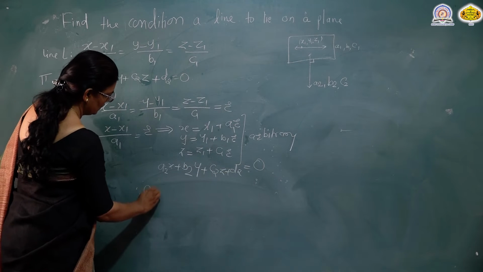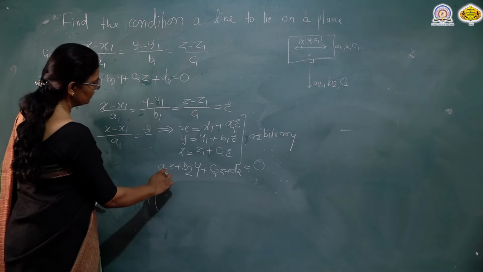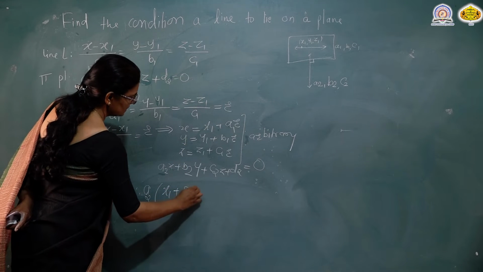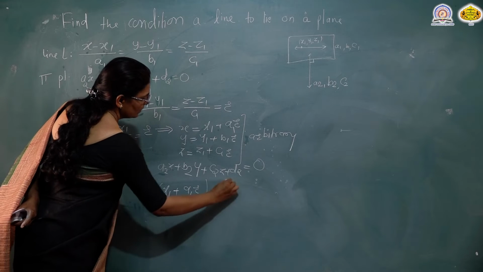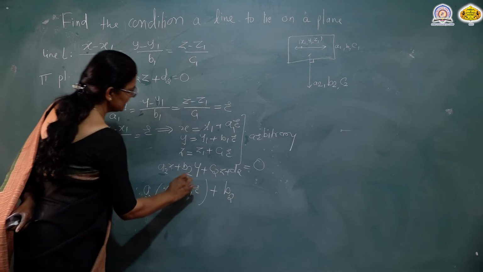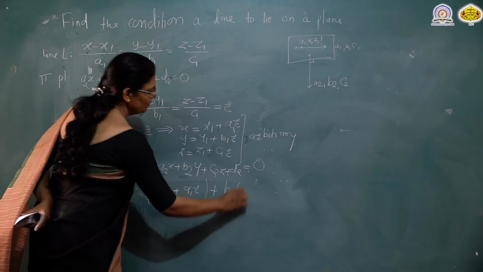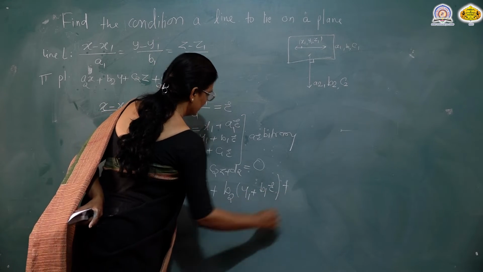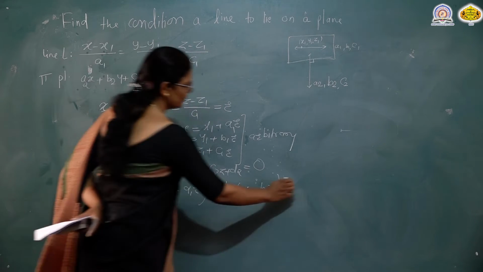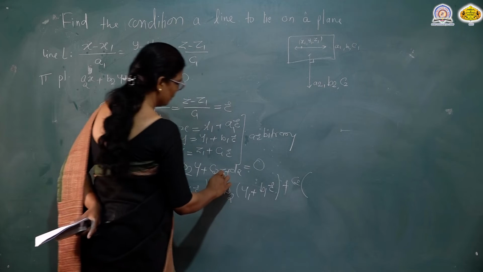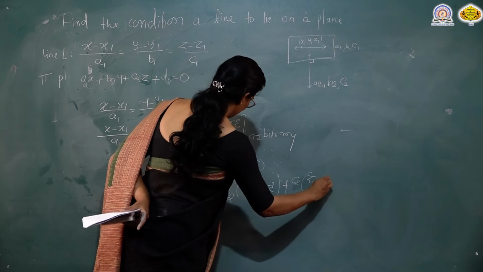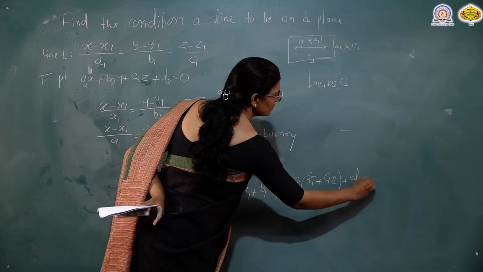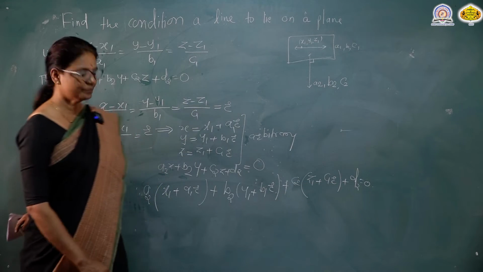So this a2 is as it is, replace x by (x1 plus a1R), plus keep this b2 as it is, put y equal to (y1 plus b1R), plus c2 as it is, put the value of z, which is (z1 plus c1R), plus d2 equals 0.